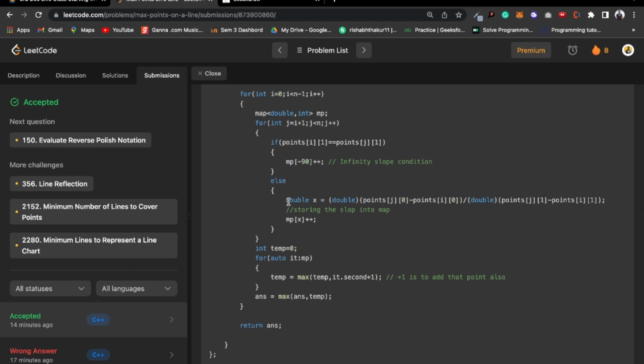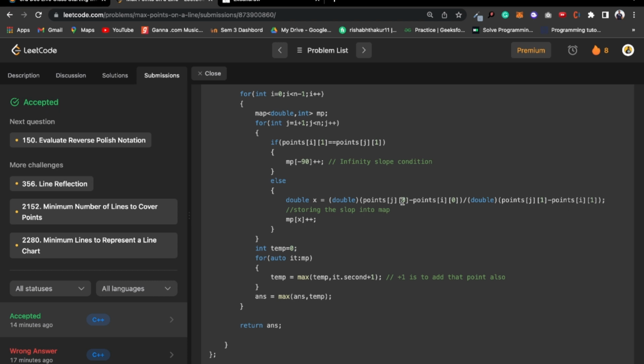Otherwise, just calculate the slope. To calculate the slope, we have point j0 minus point i0 and point j1 minus point i1. So this is the formula. Basically, this is y2 minus y1 upon x2 minus x1, or you can also take x2 minus x1 upon y2 minus y1.